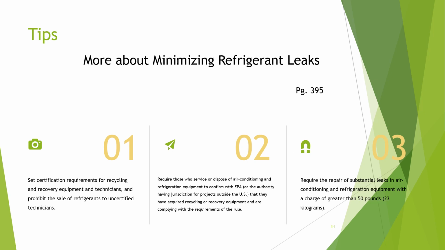So when we talk about minimizing refrigerant leaks, we all know that it's very important, because it is only the refrigerant leaks that can be harmful to the environment and the ozone layer. The requirements for reducing leakage are summarized in the slide.